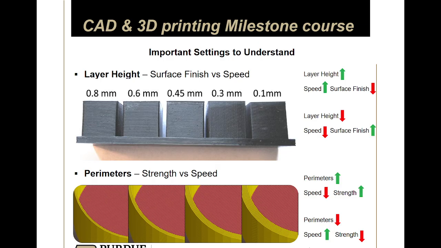People find that as a very nice balance between quality and speed. One thing to note is, technically speaking, each layer is a failure point when it comes to your 3D printed designs. So in some cases, it might be a good idea to increase your layer height because that reduces the number of places parts will fail.